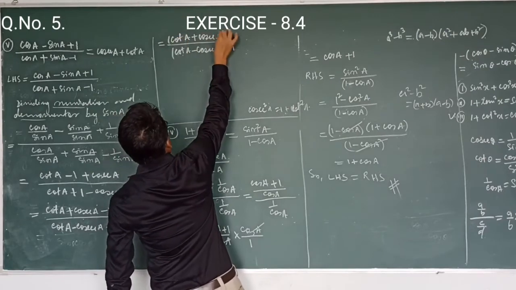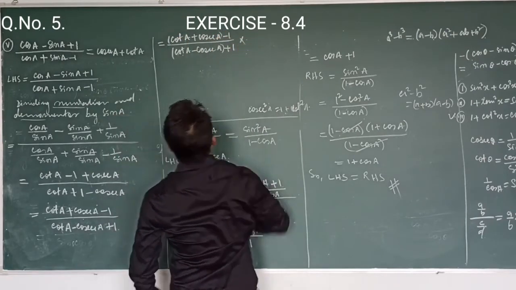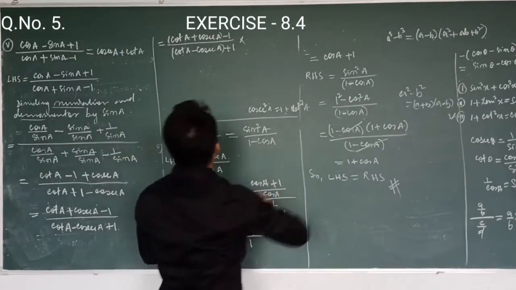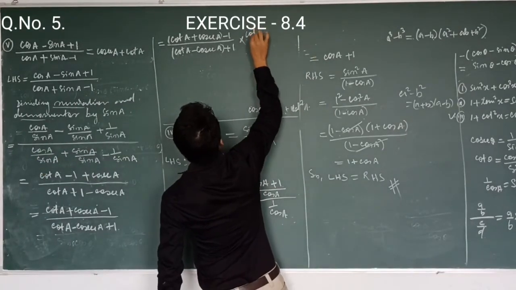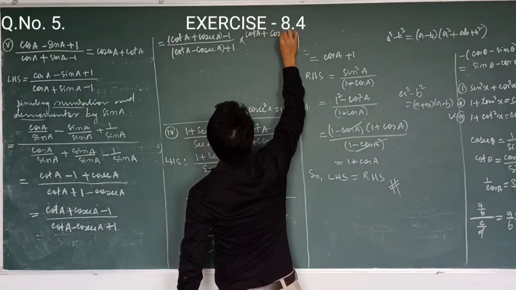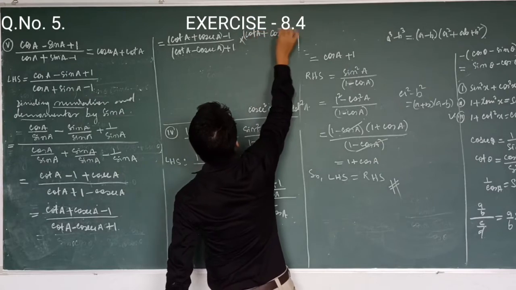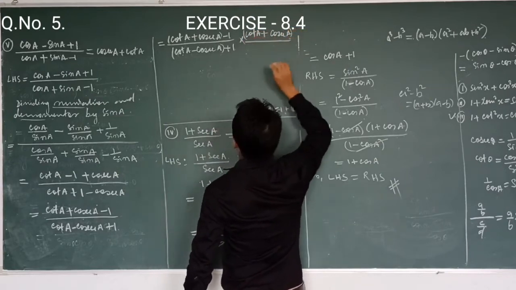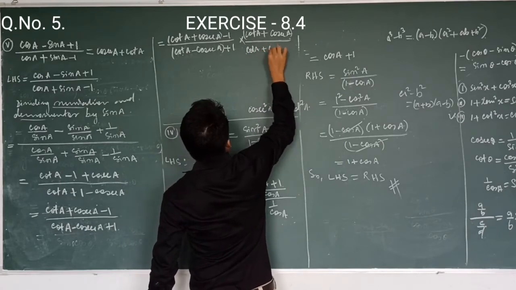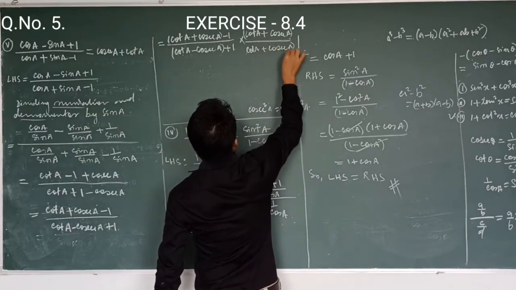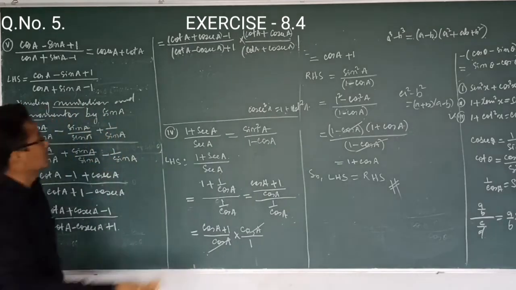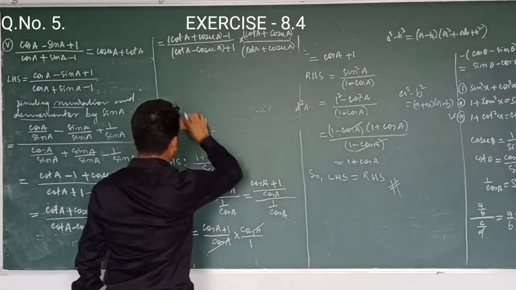I put the bracket in this way and multiply by cot A plus cosec A. The same I will divide by, to balance the equation: cot A plus cosec A, the same we are doing here also. Clear? And now we multiply this inside.